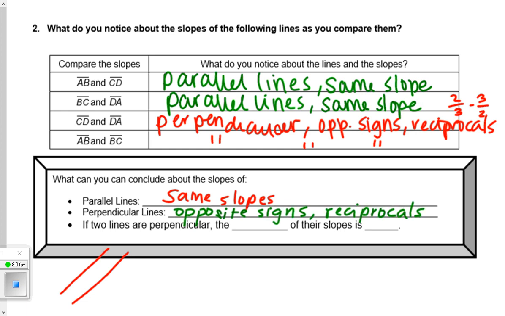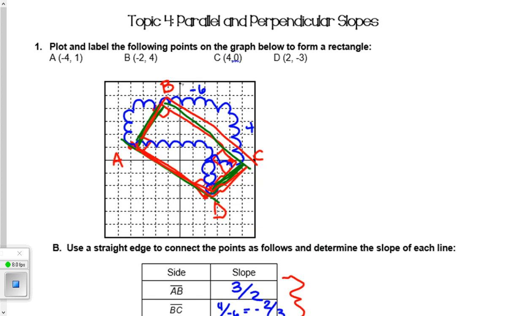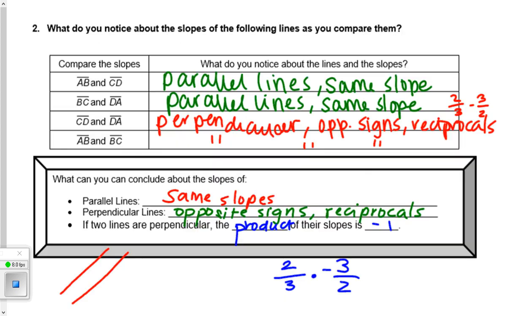What's special about that is that if they're perpendicular, then the product of their slopes is negative 1. And we can prove this with that first example. 2/3 times negative 3/2. Is it the other way? Is the negative on the 2/3? Oh, negative was on the 2/3. Sorry.